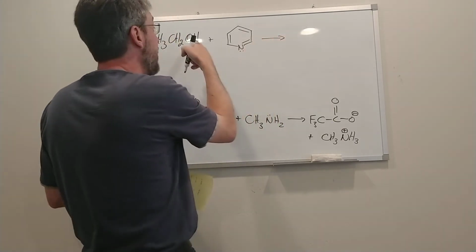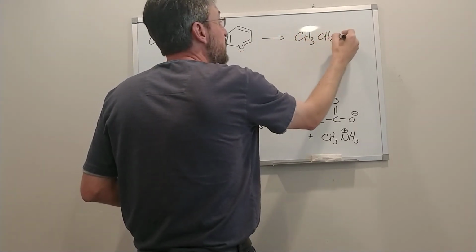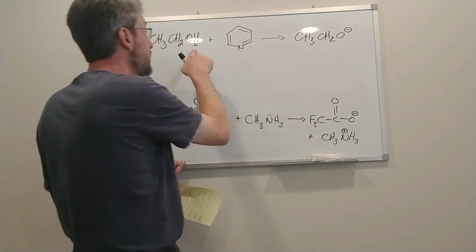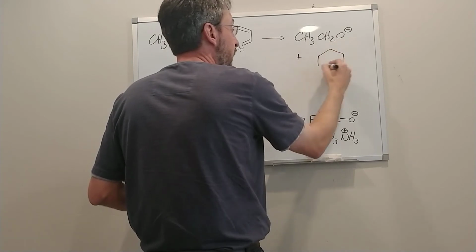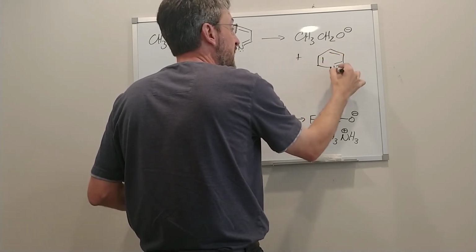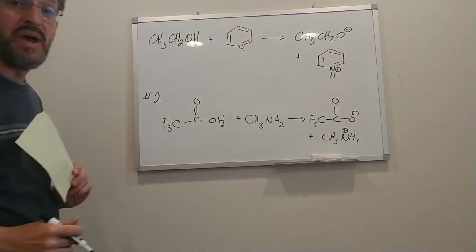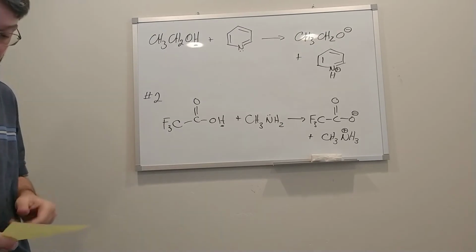So once again, the H is going to get transferred, so we have CH3CH2O minus. This H has been removed, and now it's been added to here. So the base has picked up the H, and that's now positively charged there as well. So again, the H got transferred from the alcohol to the pyridine.